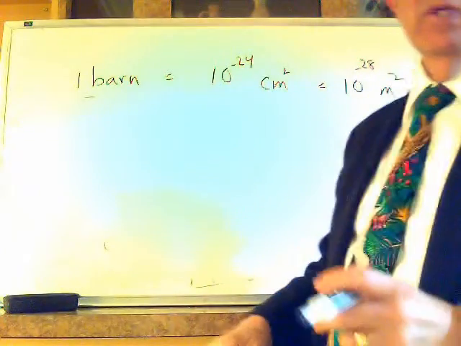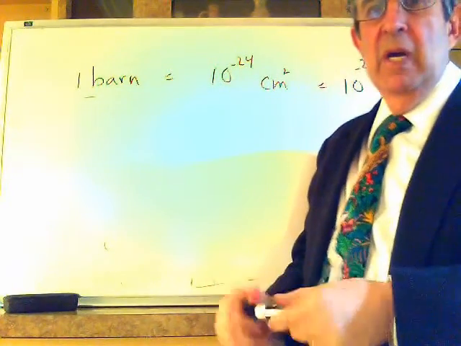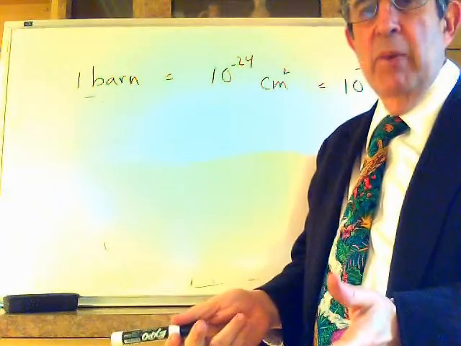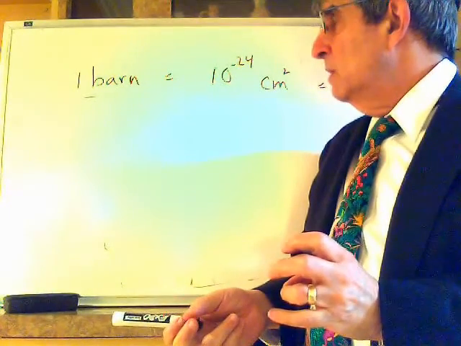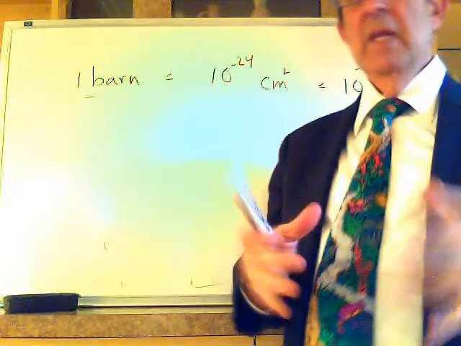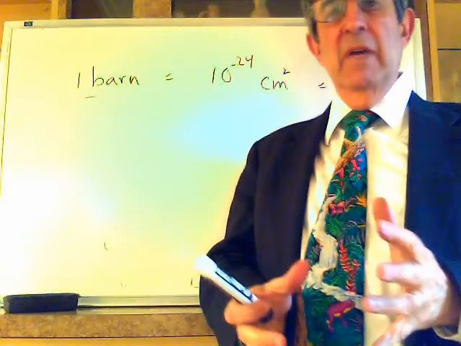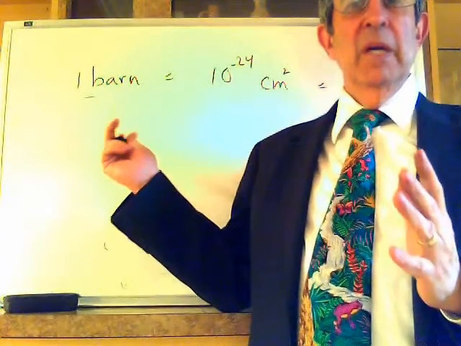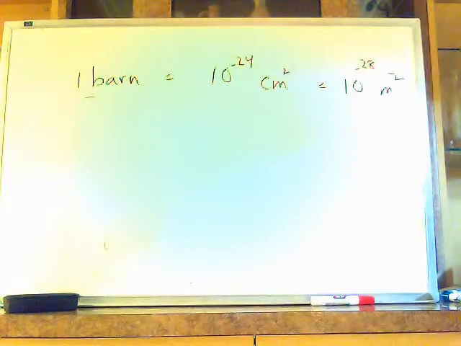It's not named after someone, but it's kind of a physics joke, from when people say you can't hit the side of a barn. Well, these are really little tiny barns. So if you have more barns, that means you've got a bigger barn, and it's a little bit easier to hit the side of it. And when you're aiming projectiles, you want to be able to actually come in contact with the nucleus. So we've got these barns here, 10 to the minus 24th square centimeters.